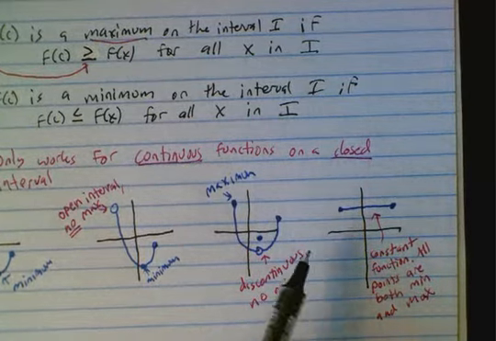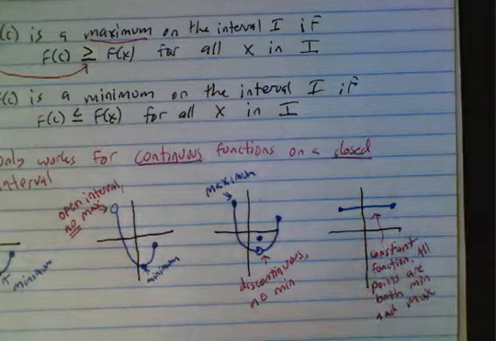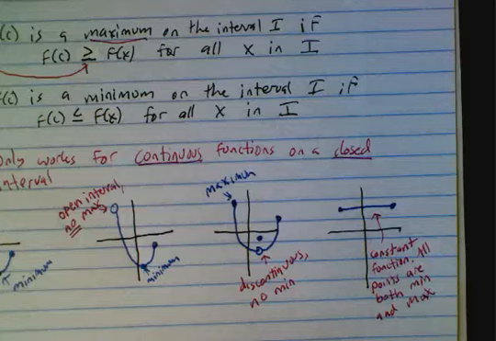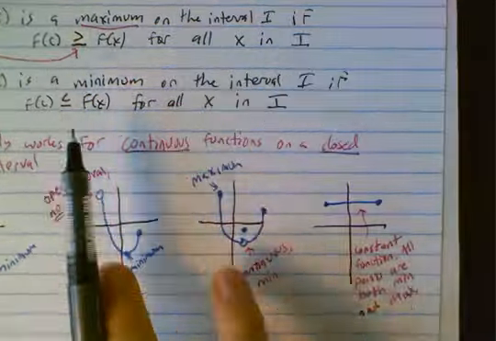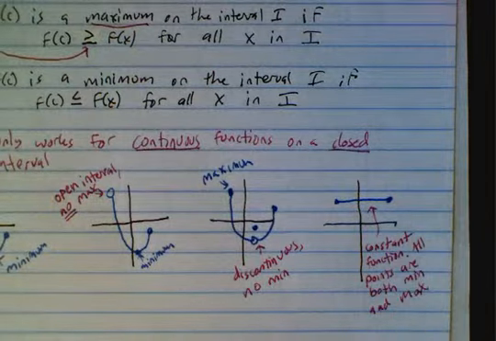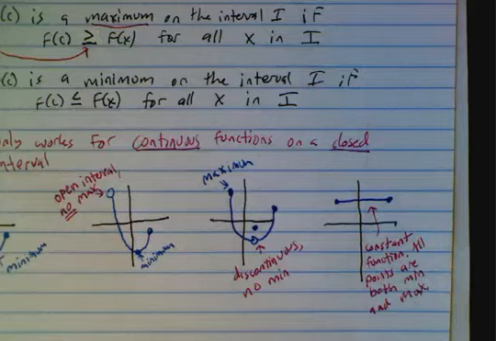All the points here are both minima and maxima, and the reason for that is because of this little equals sign that's under these two. This means that these are always true as long as we have that little equal sign, so even in these situations there's still a maximum and minimum, it's just all points.